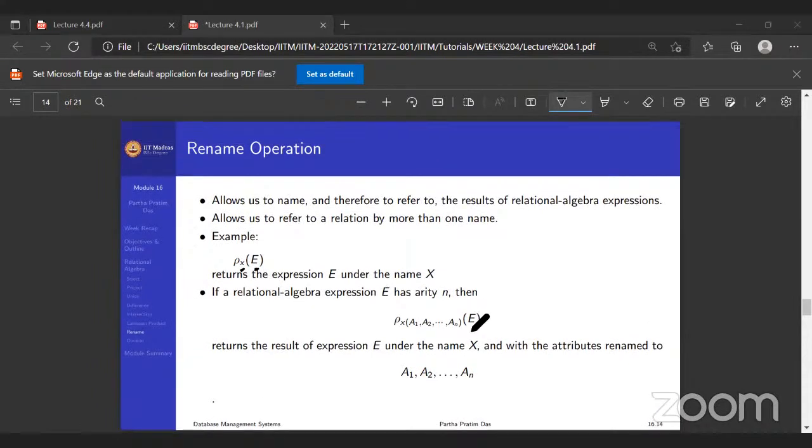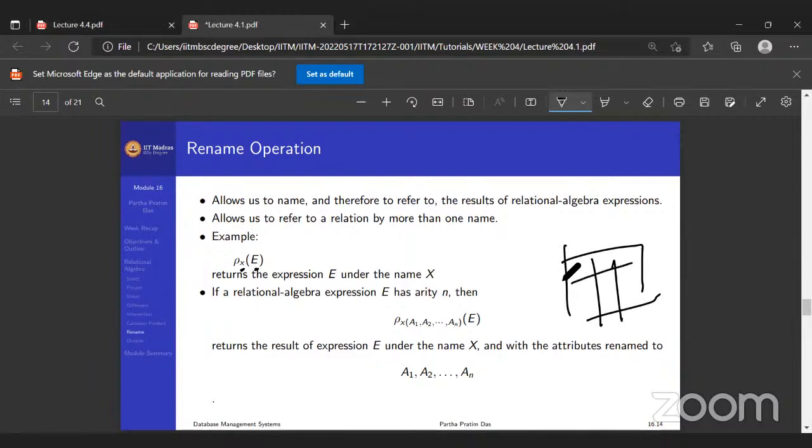Yes, sir. If multiple attributes are there, then how to rename them separately? Like this: rho X, A1, A2, A3. So suppose there are 3 columns, meaning the expression returns 3 columns, C1, C2, and C3.